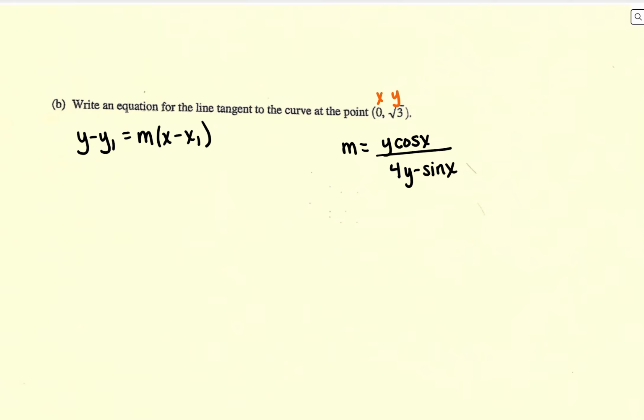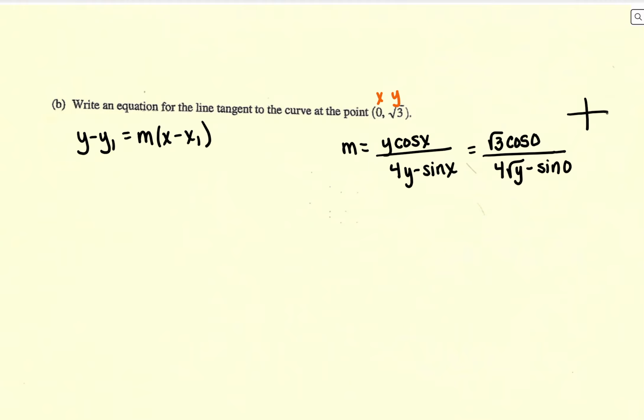Okay, so let's go plug in our values here. So where y is, I'm going to put in the square root of 3. Cosine, where x is, I'm going to put a 0, over 4. Where the y is, I'm going to put in the square root of 3 minus the sine. And where that x is, I'm going to put a 0. So let's kind of evaluate and clean this up. Because we're going to need to find the sine and the cosine values, we're going to need to look at our unit circle.